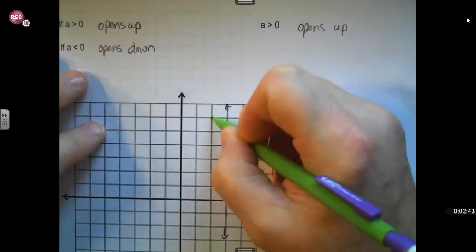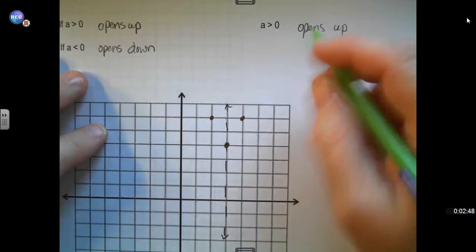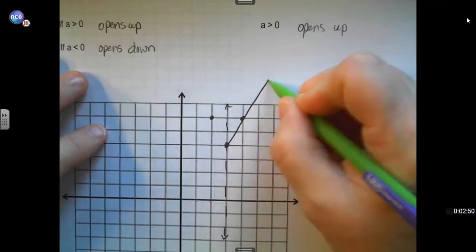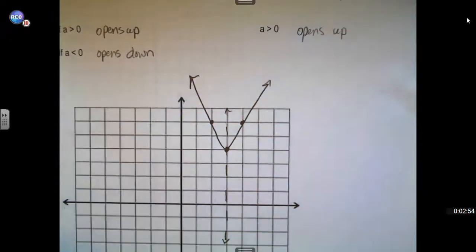I could go again if I had room, but I don't, so I'm going to quit there. And that is that function. Basically that's what we're going to be working on. I am not going to be assigning problems where you're translating the step functions.